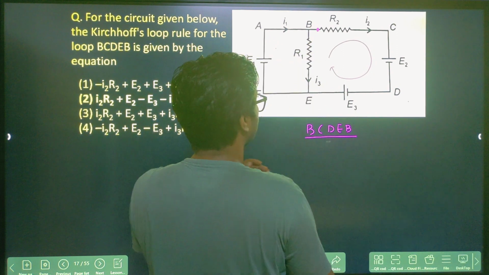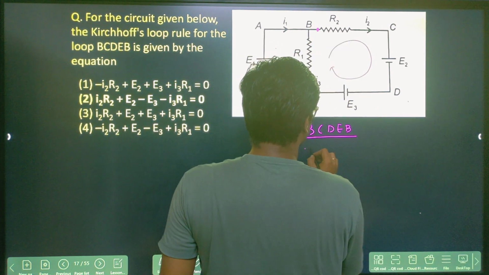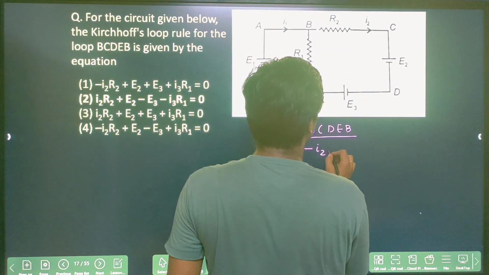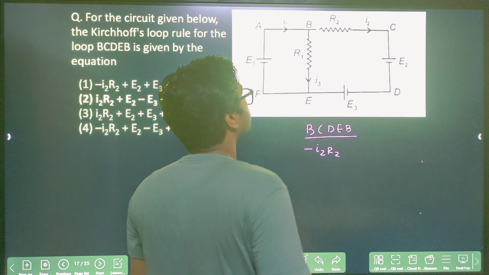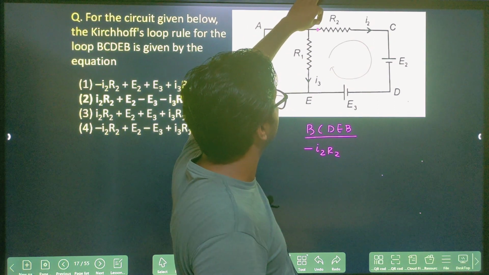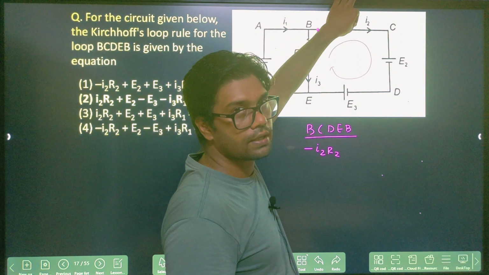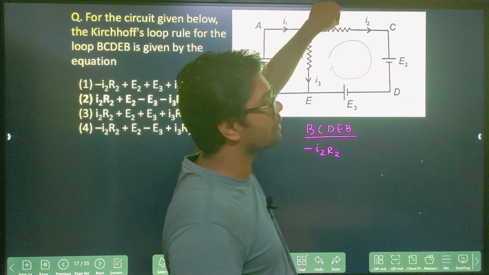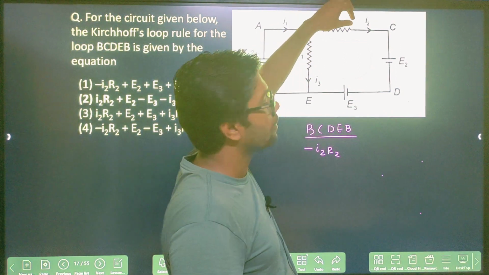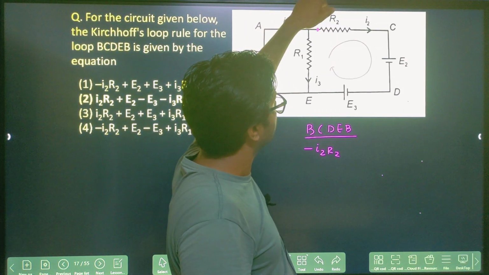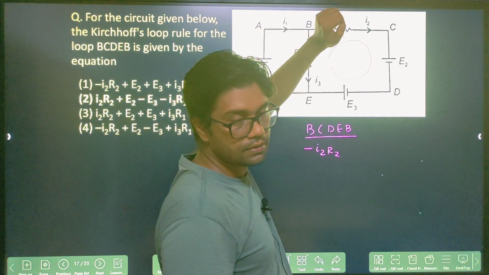Starting from here, there will be a drop in potential, minus I2 R2. Why is there a drop? Because the direction of current is the same as the direction I am moving.